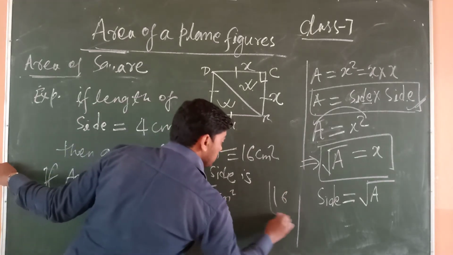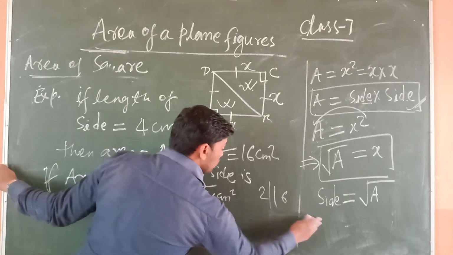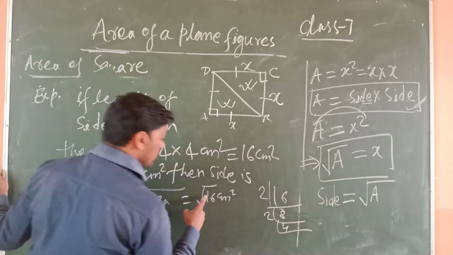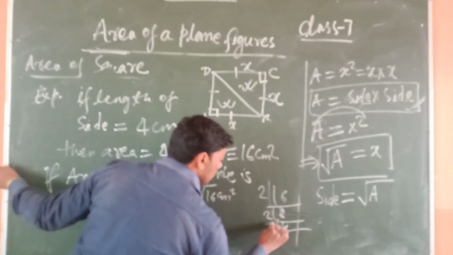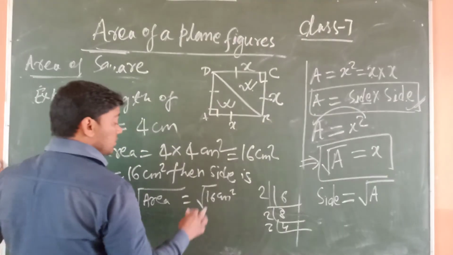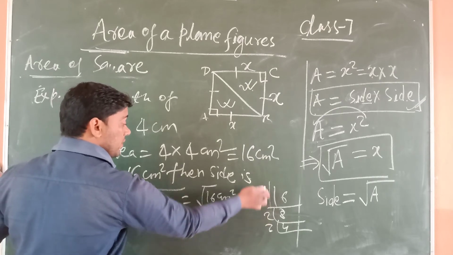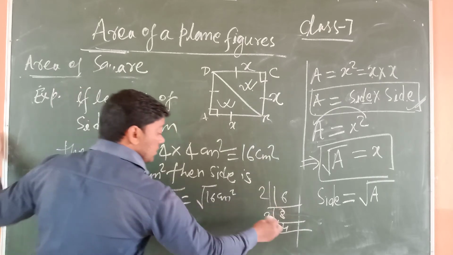So factorize 16: 2 8s are 16, 2 4s are 8. You know already how to find the square root. There are two methods: prime factorization method and division method. This is the prime factorization method.